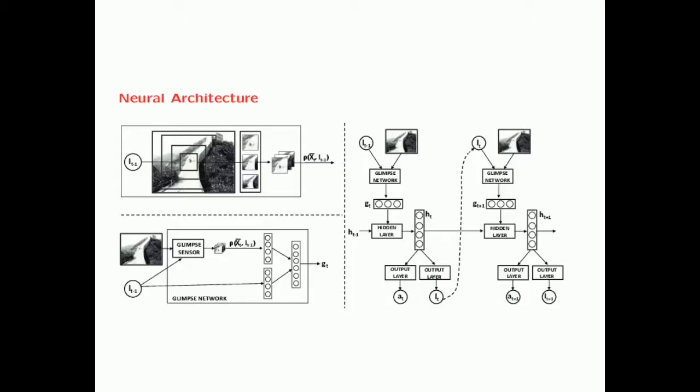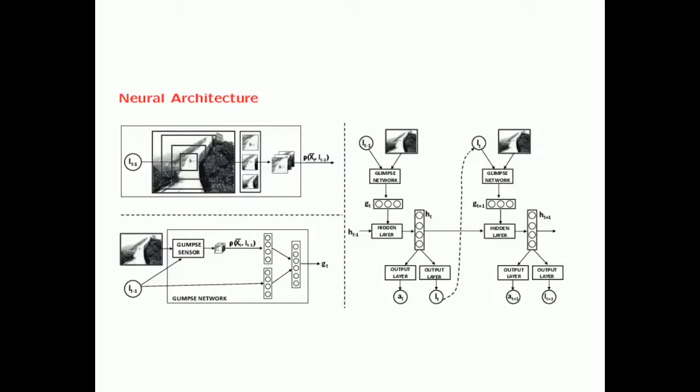Now in the classification application, which is what we are focusing on, since you have an output in each timestamp, typically you would expect that as you take more and more glimpses of the image, your class label prediction is going to improve from glimpse to glimpse. As you can see, the location output becomes an input for the next timestamp. So this is a recurrent neural network where the output at a given timestamp is used for input in the next timestamp.